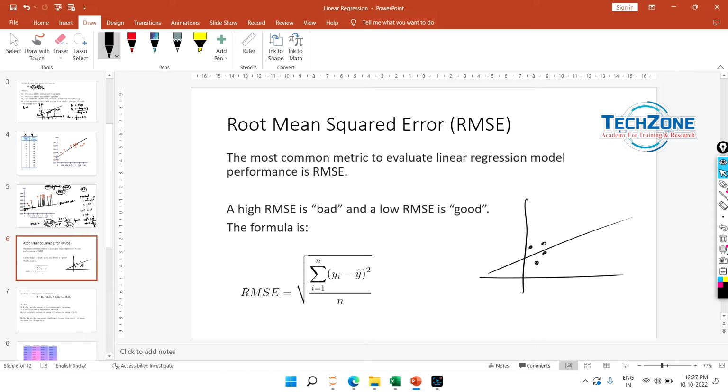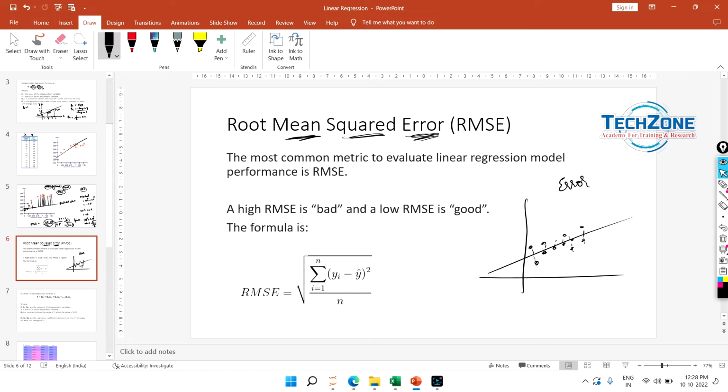let us say these are our points, right? Low RMSE means our predicted line, or this regression line, is passing very close to these observation points. If the line is very close to these observation points, the error will be less, and the square of that error will also be smaller, isn't it?